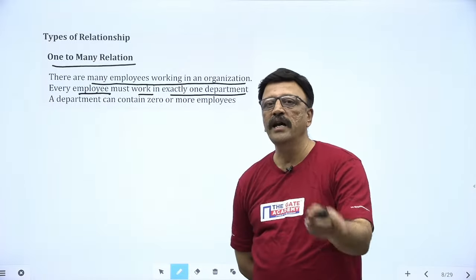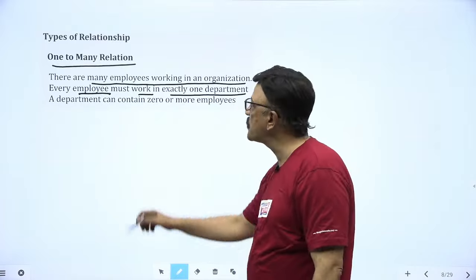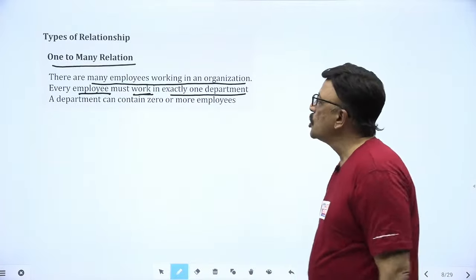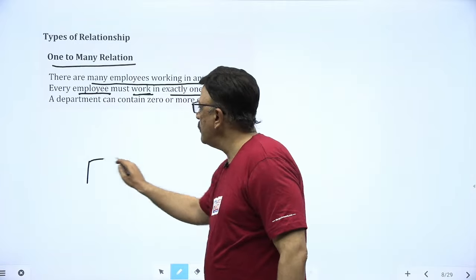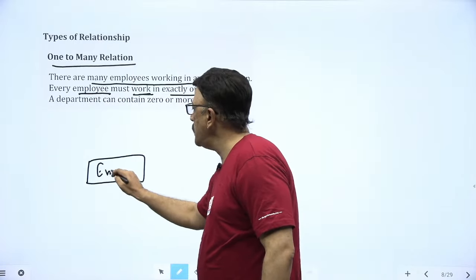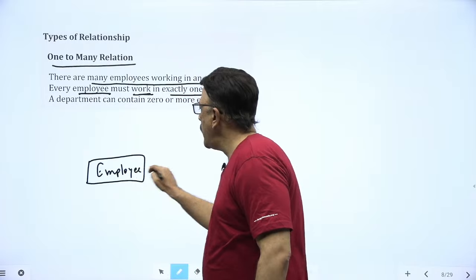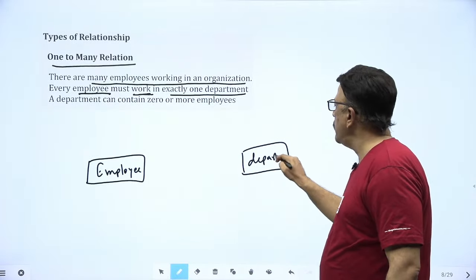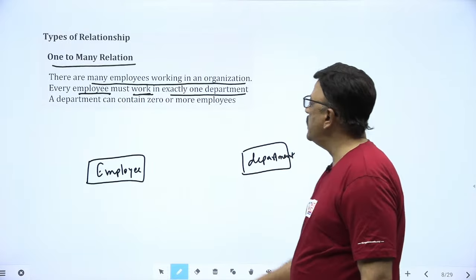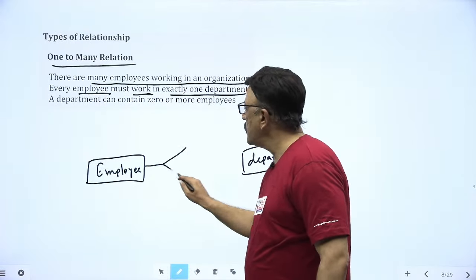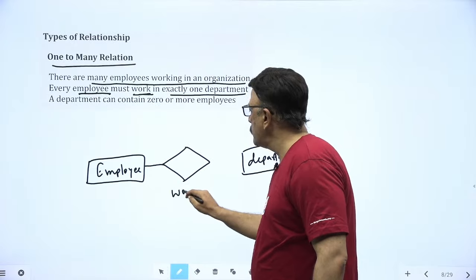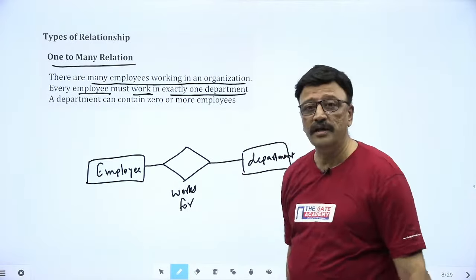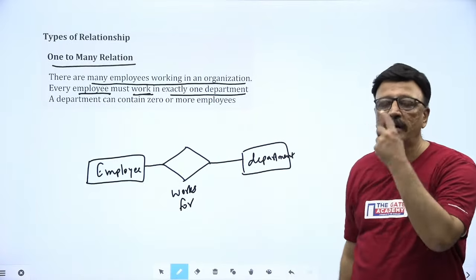Employee is an entity and department is another entity, and works is a relationship. They are related in such a way that an employee works for a department. This is the relation which we saw a few minutes back.